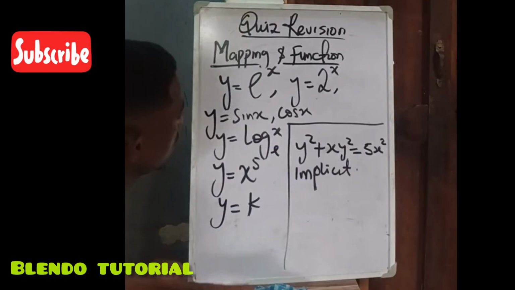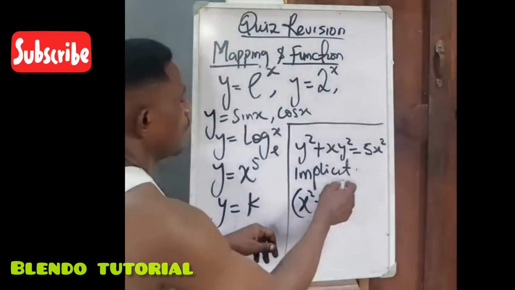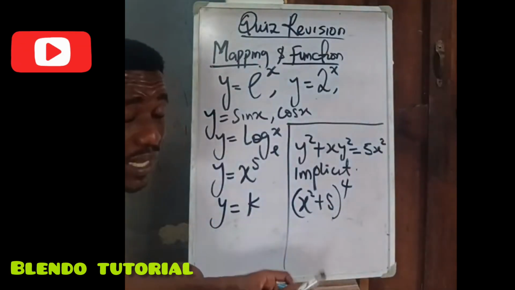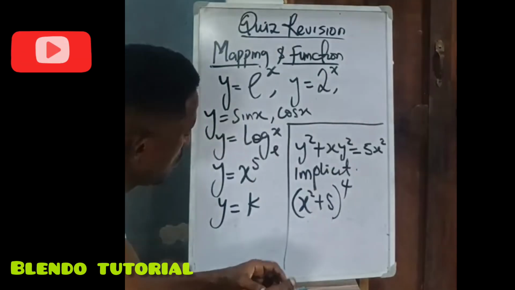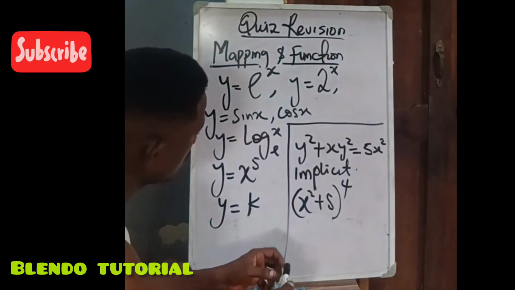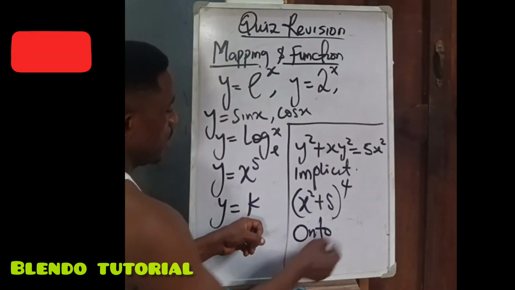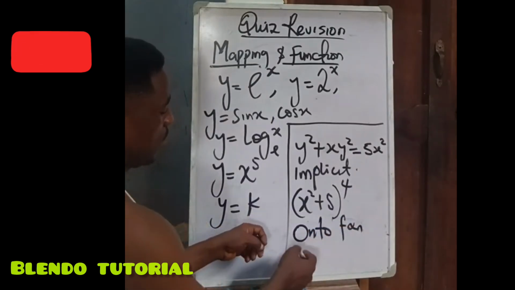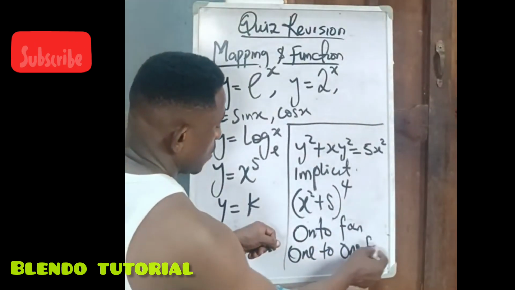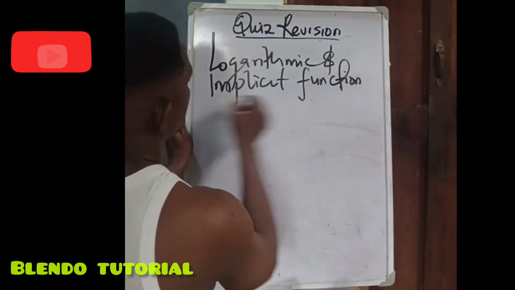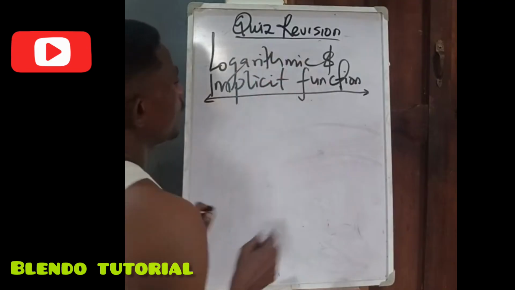Okay? We have the composite function. A function that is inside another function, we call it a function of functions. Composite function. We have the onto function. We have the one-to-one function, okay, logarithmic, and implicit function.